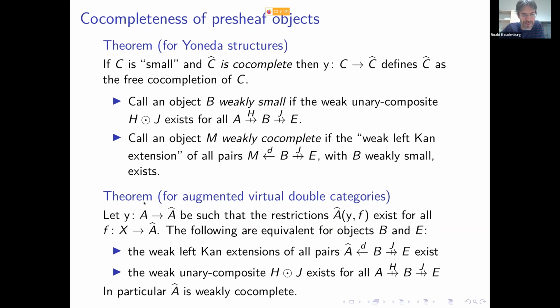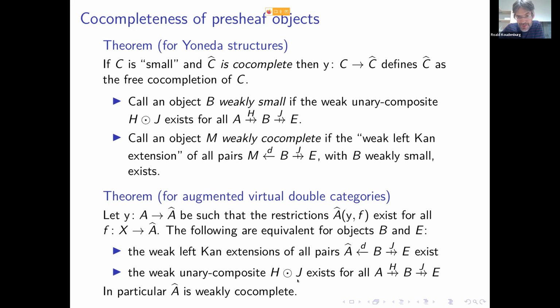And then we have the following theorem for augmented virtual double categories. If Y is a formal Yoneda embedding such that these restrictions of A hat along Y and any vertical morphism into A hat all exist, then the following are equivalent for any two objects, B and A. For all pairs like this, a horizontal morphism between B and E and a vertical morphism into A hat, the weak left Kan extension exists.